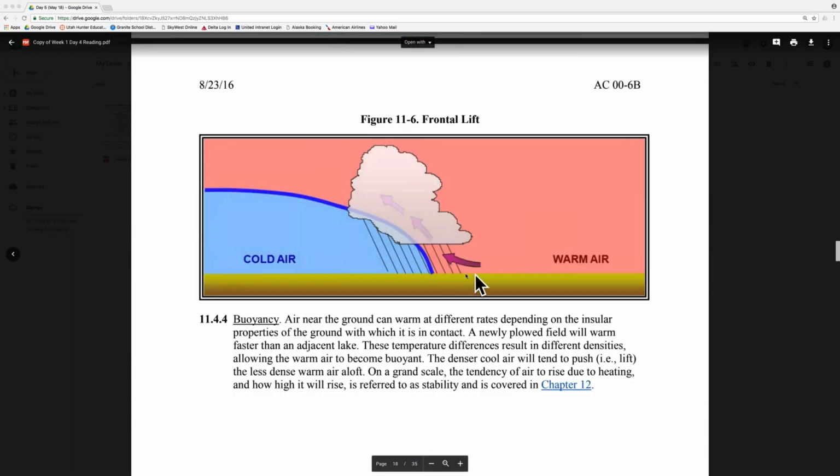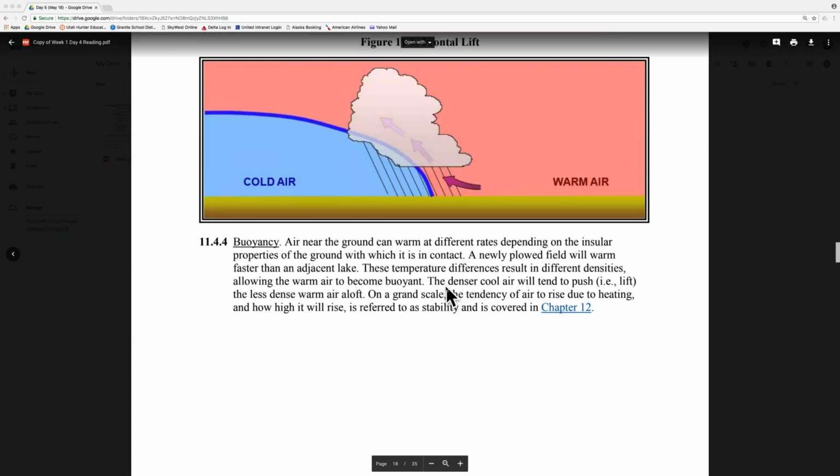So here you have the high pressure pushing underneath the warm or low pressure, and that's exactly why we see that precipitation or the storm systems that we were talking about. The cold air causes that warm air to rise much more rapidly.